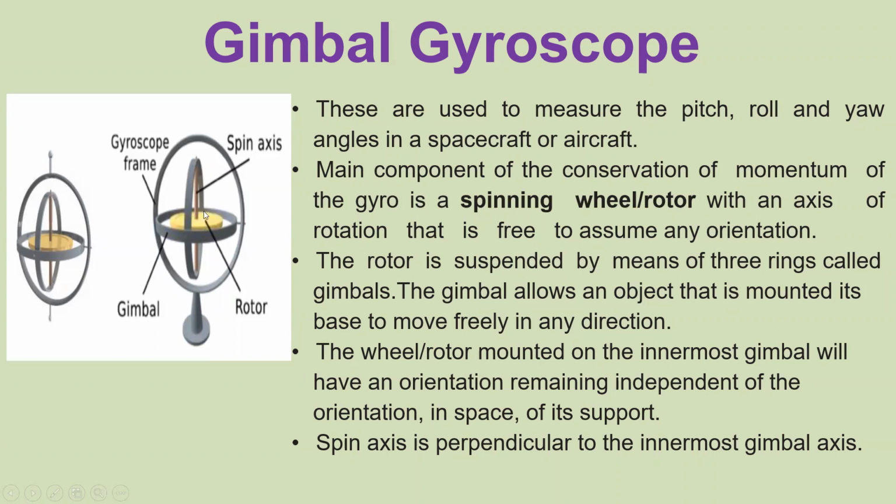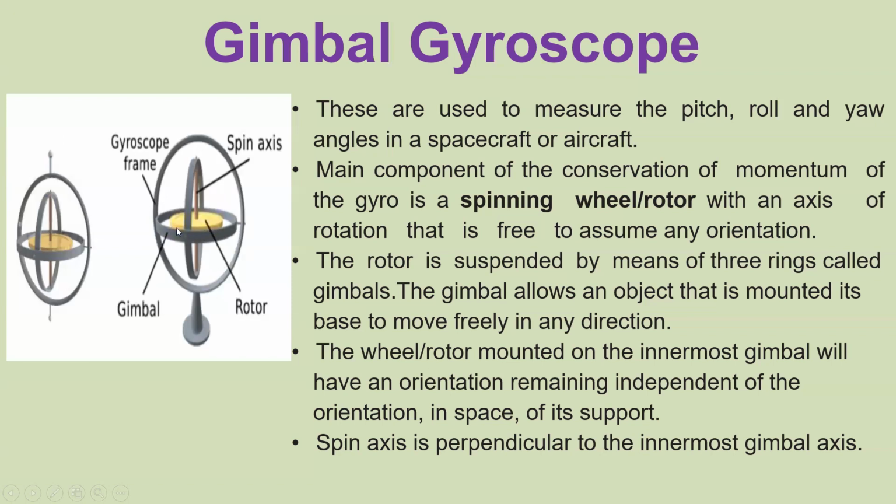As the moment of inertia is not changed, in order to preserve the angular momentum, this disk will be fixed in space. In other terms, although this has the freedom to rotate in any direction, it will be kept fixed in space to preserve the conservation of momentum.